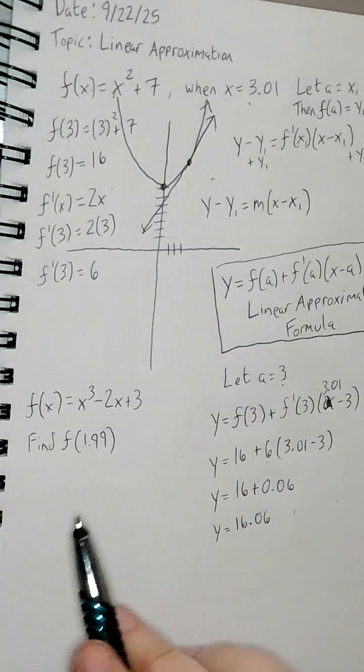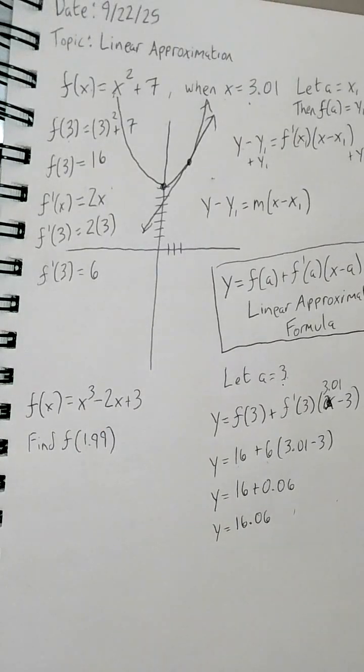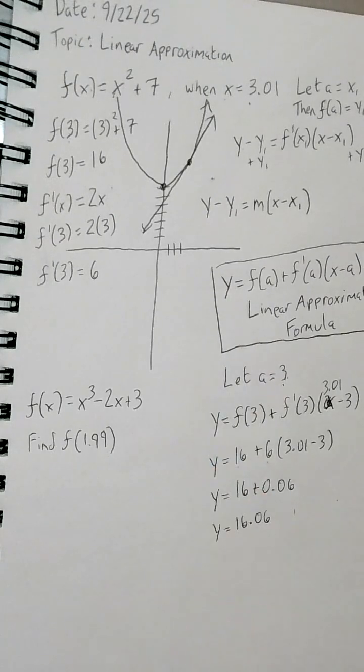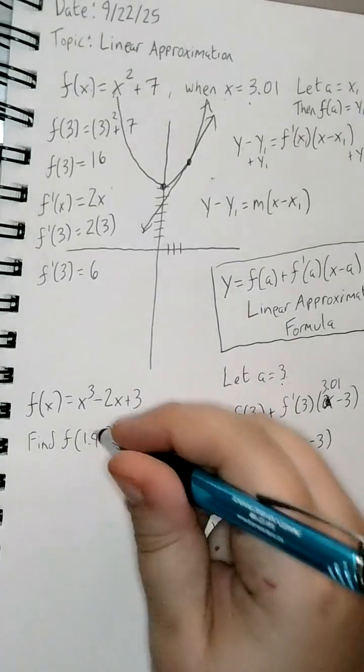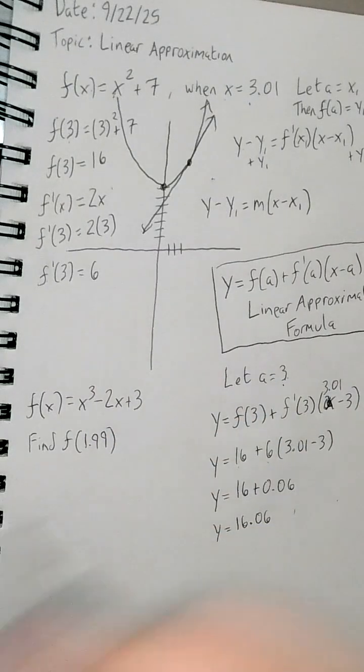Now, I don't know about you, but if you were to plug in 1.99 for x, that's going to get kind of messy. So I'm going to use my linear approximation formula. Is there a quote unquote nice number that is close to 1.99?